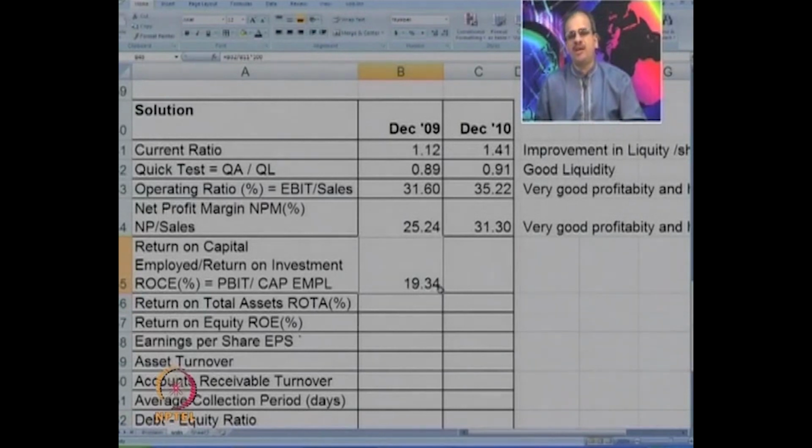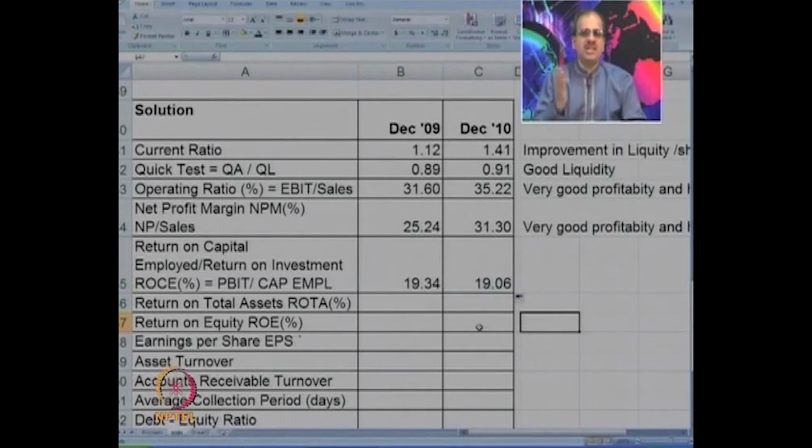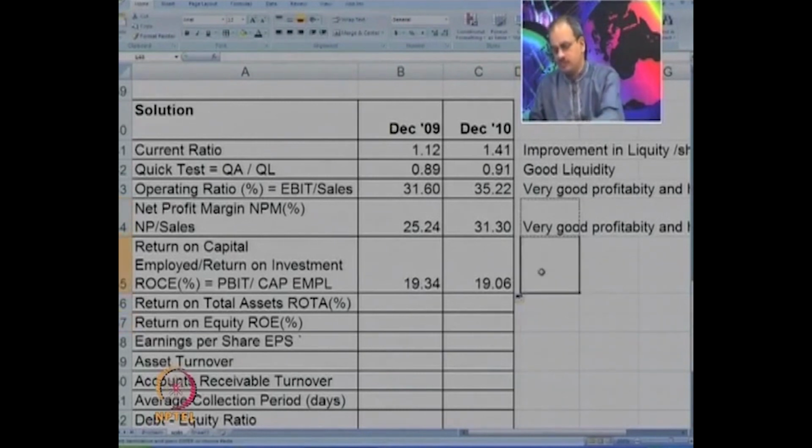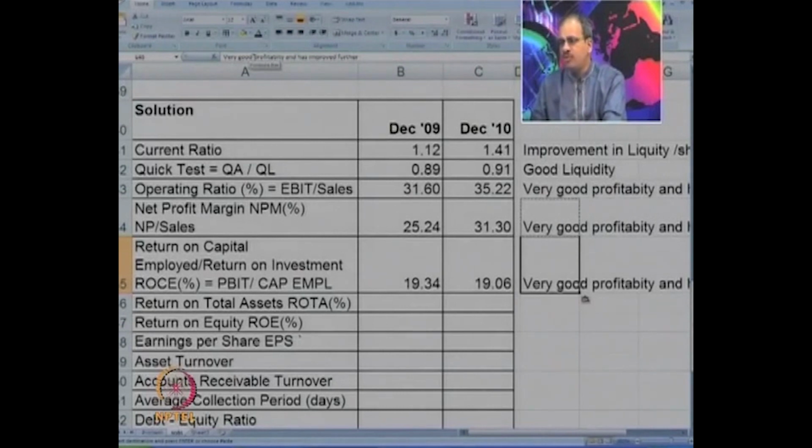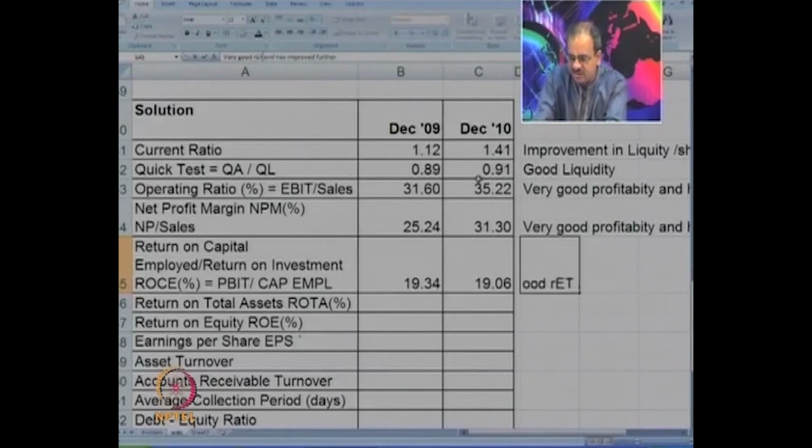So, 19.34% is the profitability, and if you see the current year, it is almost stable, it is 19.06, again a very good return, about 20% return they are able to earn. So, the remarks are similar, very good profitability and improvement. Instead of profitability, I will say return. Only thing is there is no further improvement.